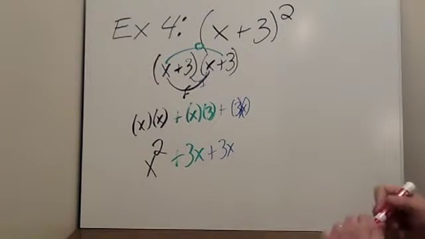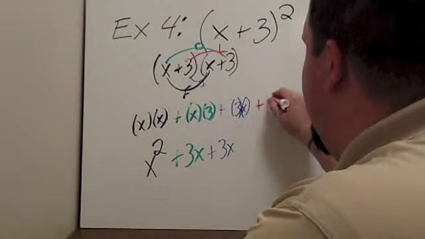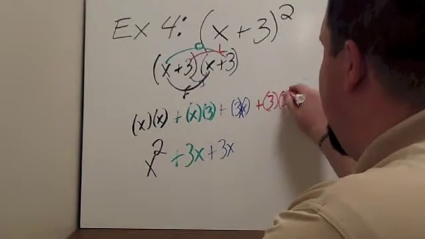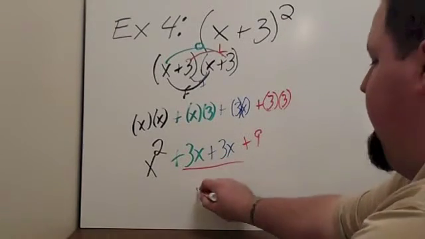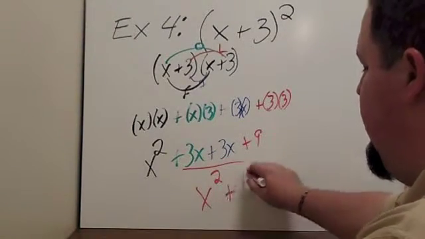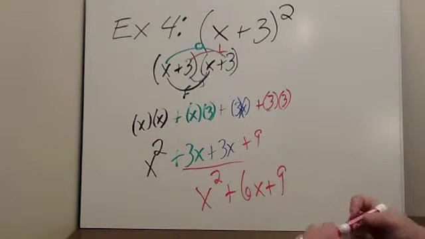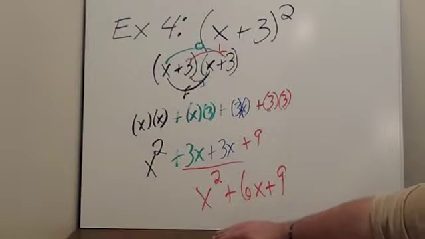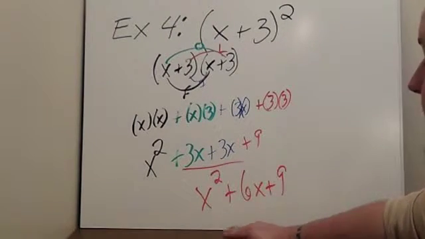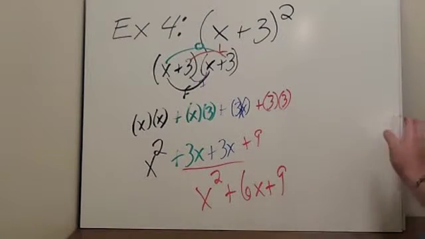And then my last terms, 3 times 3, which will result in 9. When I combine my like terms, I get x squared plus 6x plus 9. This is what we call a perfect square trinomial. This again will become extremely important when we talk about factoring.